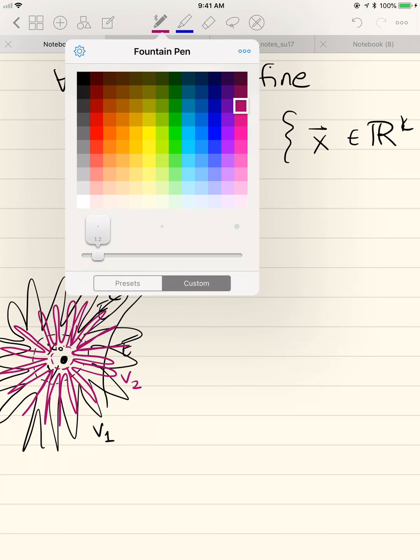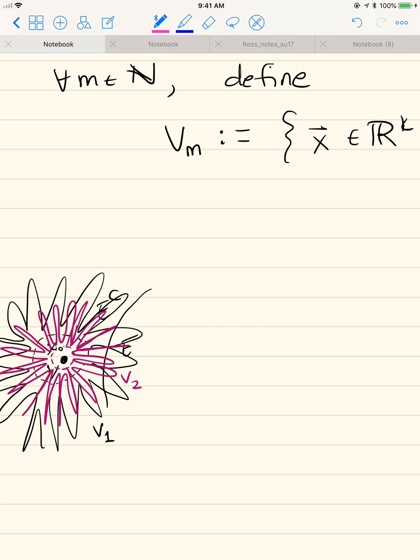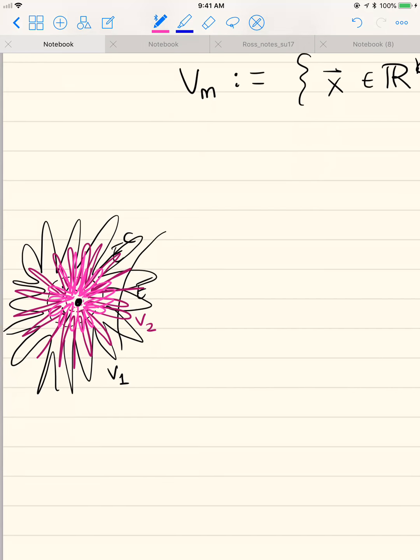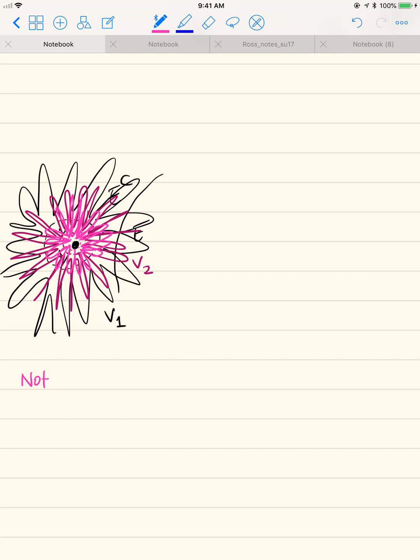And then I'll have V sub 3. Now I'm getting in even closer, so I want all the points whose distance is bigger than 1/3. Something to notice: V sub m is a subset of V sub m plus 1, and this is true for all m.